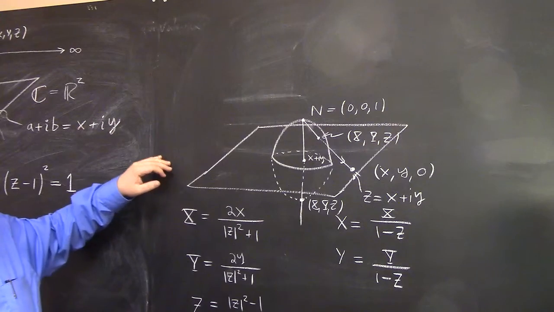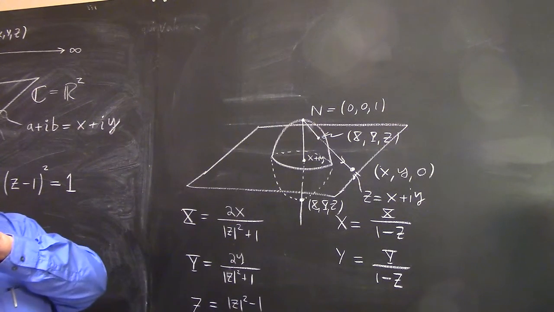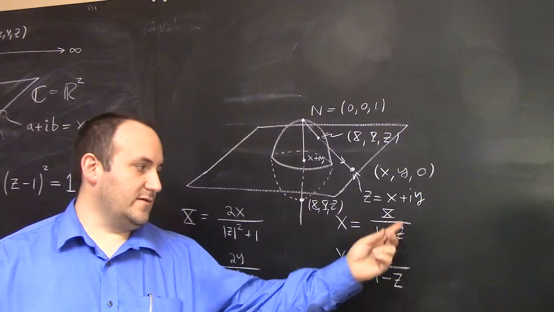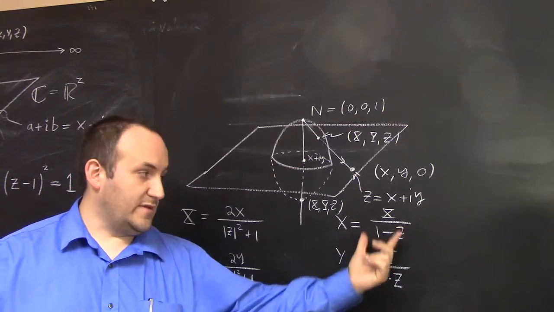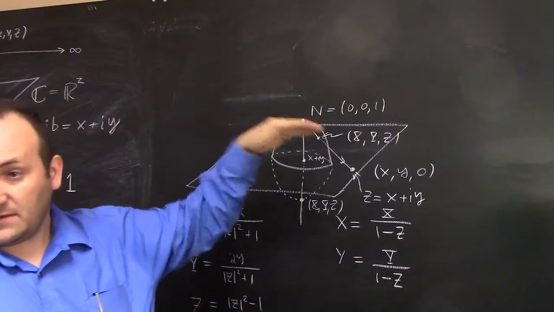But if big Z is also equal to 1, it's undefined, right? Check that out. If big X is 0, if big Y is 0, and if Z is 1, you have division by 0 in these. That is understood to be the one that maps off to infinity.